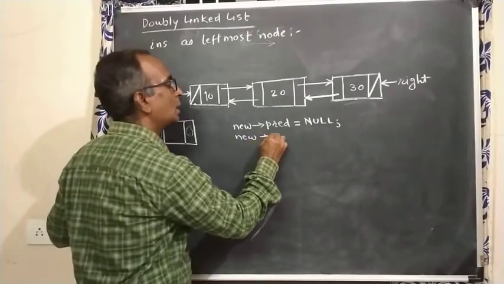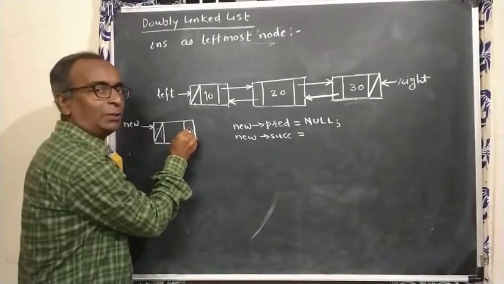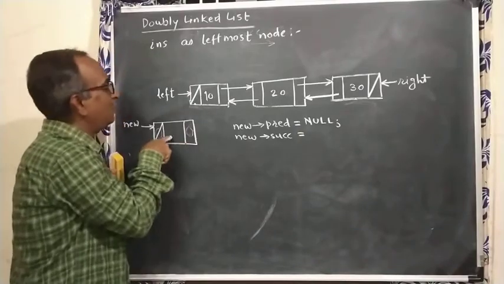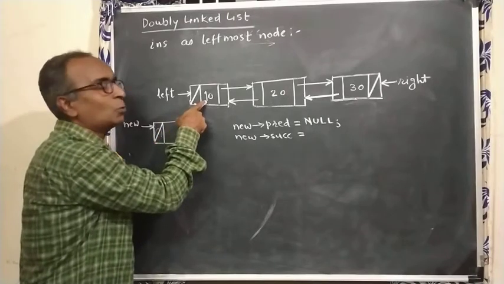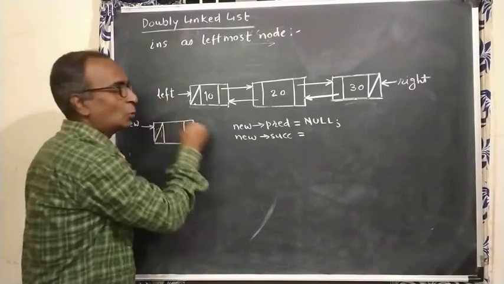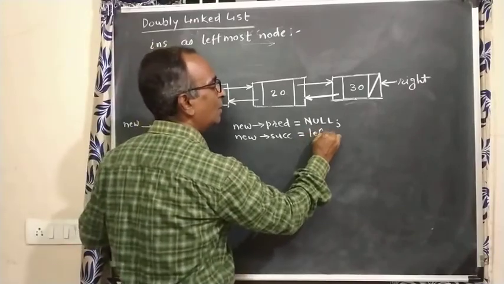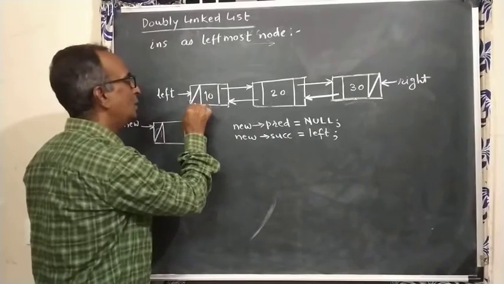New's successor field, where it should point to its successor. After insertion as leftmost, which will be its successor? This node. What is this node's address? In left. So left is given to this. So this is pointing to this node now.